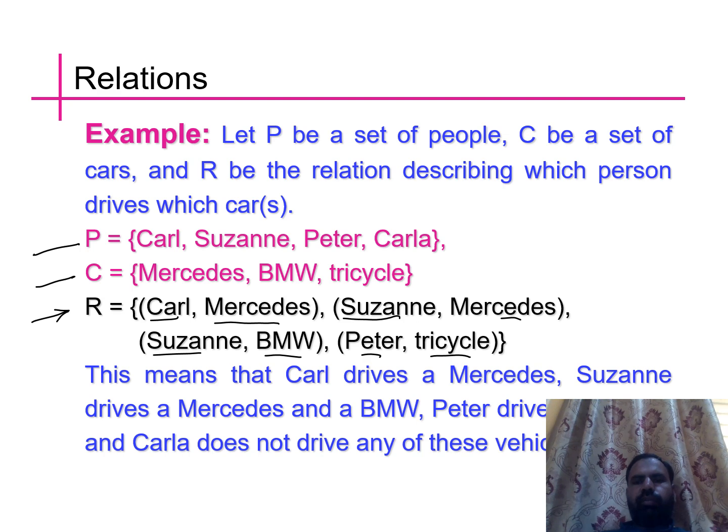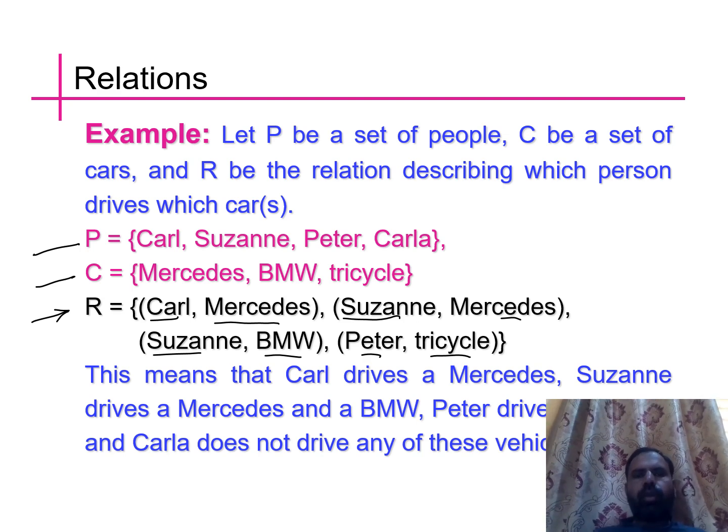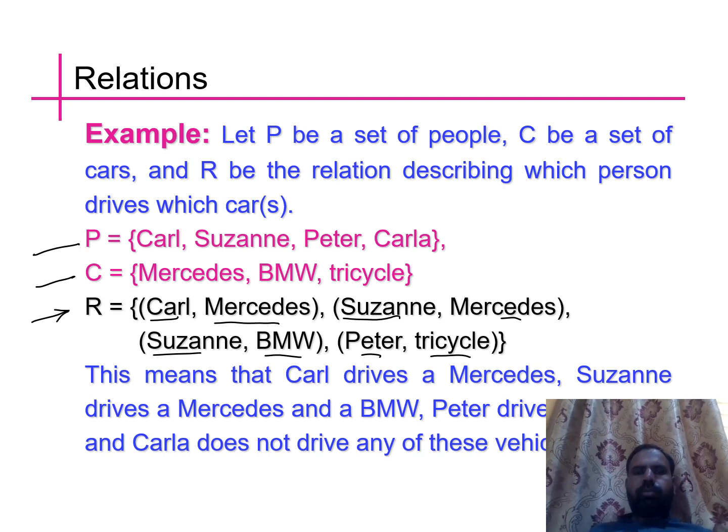Let P be a set of people, C be a set of cars, and R be the relation describing which person drives which car. Let P be the set of persons Corley, Susanne, Peter, Carla, and C the set of cars Mercedes, BMW, tricycle.